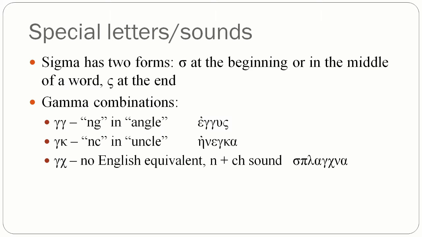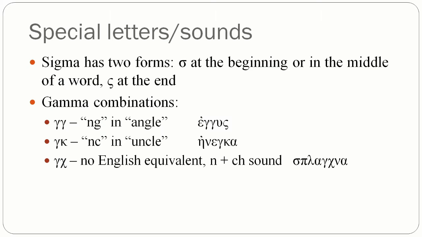The example word is eta nu epsilon, gamma kappa alpha. So you see the gamma kappa combination there. This word is pronounced anenka. The gamma kappa combination.